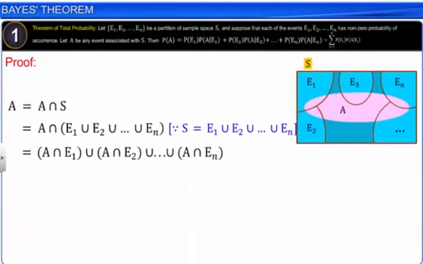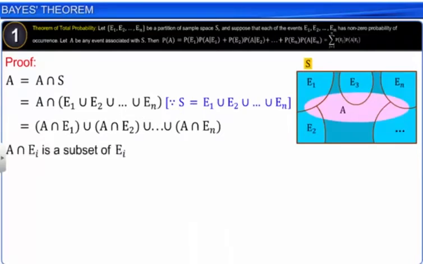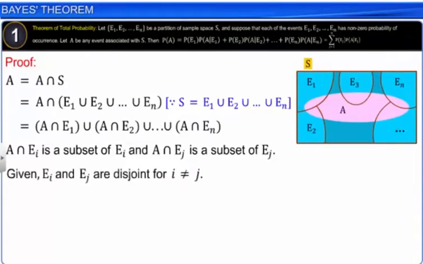From the figure, A intersection Ei is a subset of Ei. Similarly, A intersection Ej is a subset of Ej. Also, the events are pairwise disjoint. This implies that any pair of events Ei and Ej are disjoint, for i not equal to j.